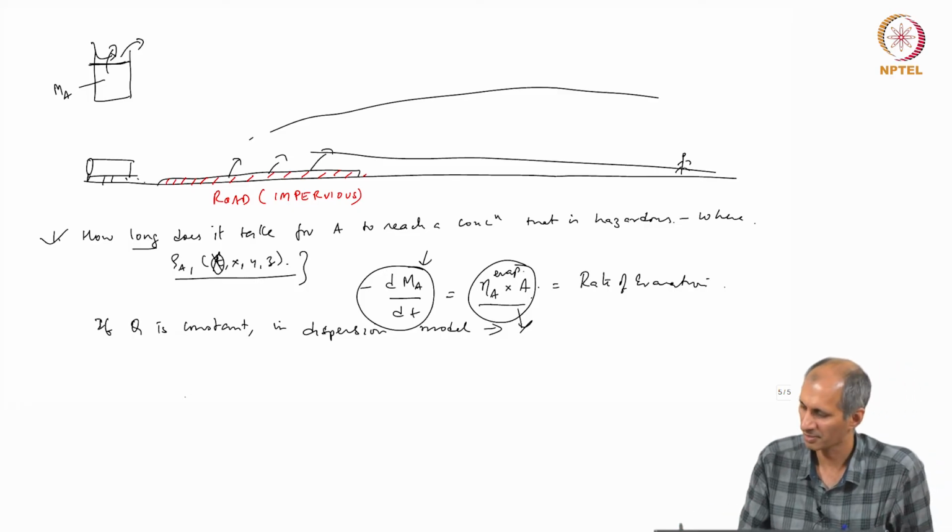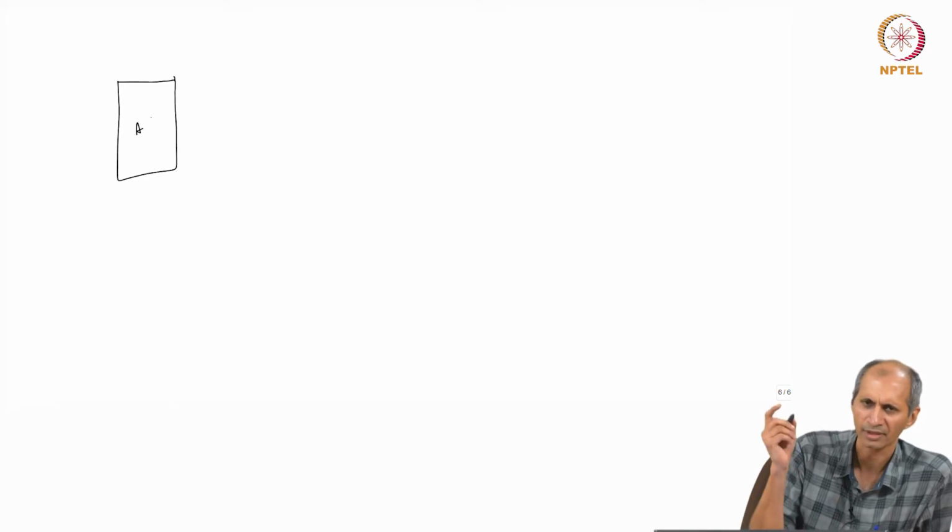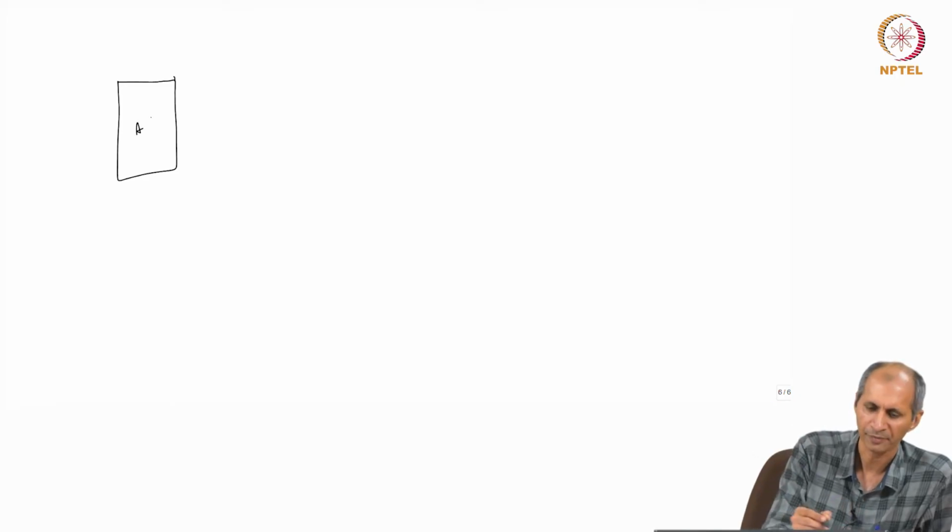So, let me redraw this problem. I am starting with a beaker full of some chemical, some A, pure A, let us not worry about solution and all that, pure A, there is air passing over it. As evaporation is occurring, will the rate of evaporation remain the same? What is changing?